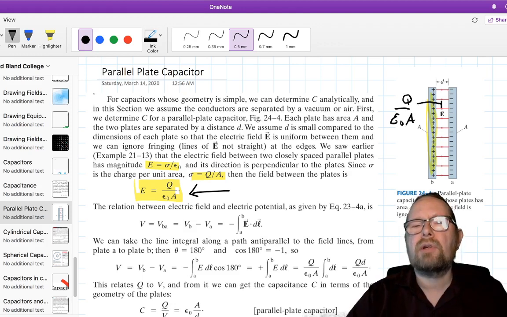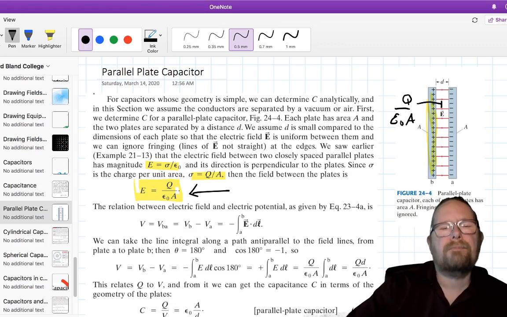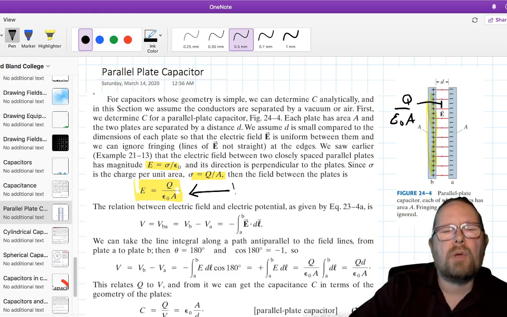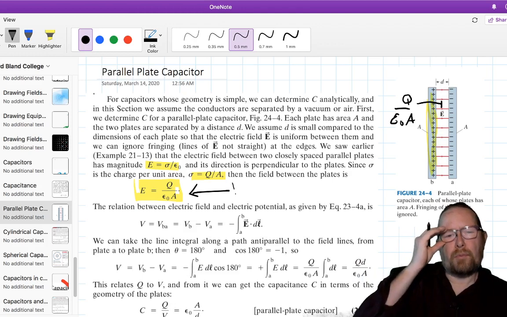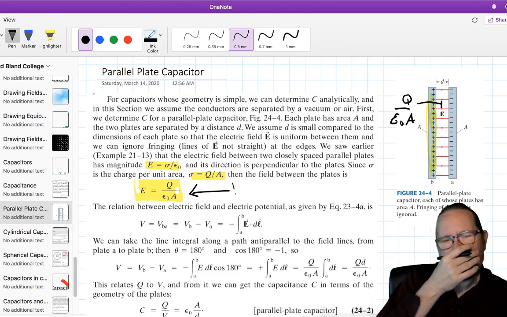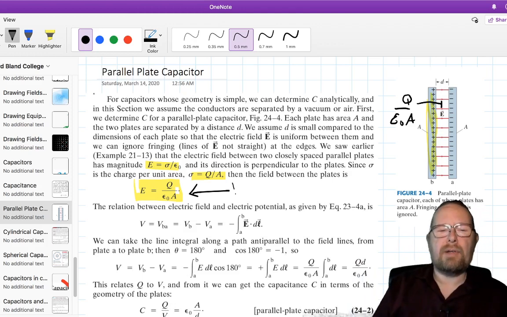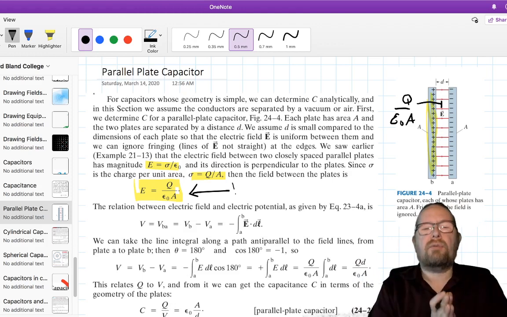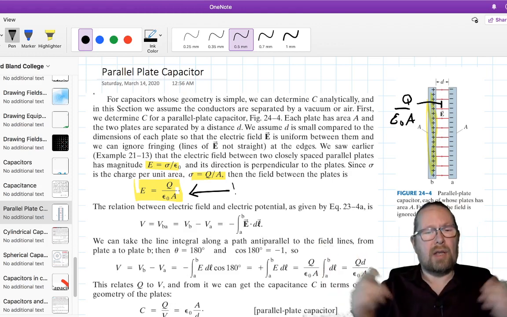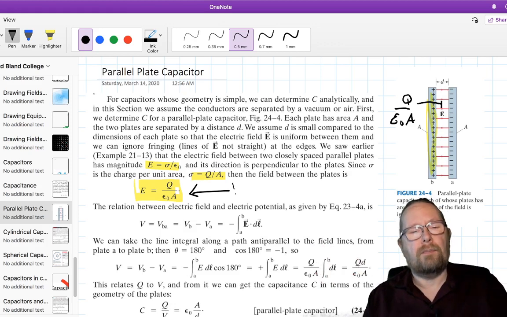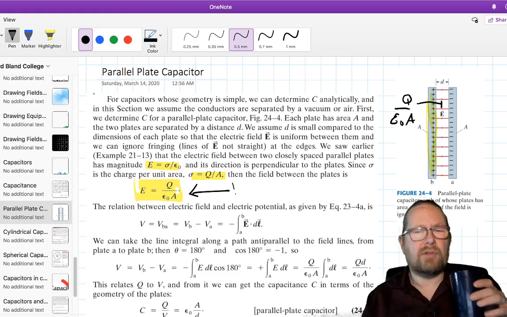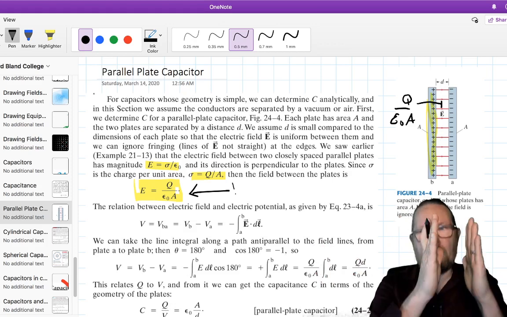Remember, one of the interesting results of this chapter 21 problem was that if you're near an infinite plane of charge, the electric field actually doesn't depend on distance. It is constant and depends only on the charge density. And so the electric field lines are parallel to one another.